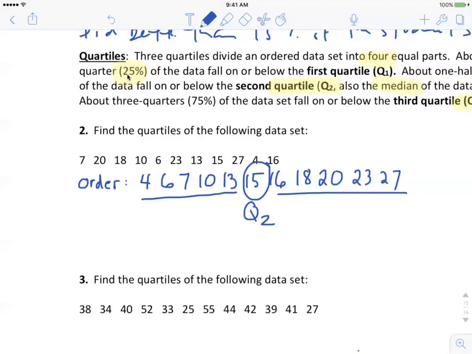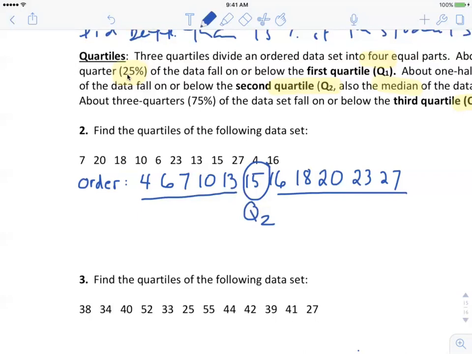Next, find Q1. Q1 is the median of the first half of the data. If you circle the median, don't use that number again when you're finding Q1 or Q3. For Q1, I'm just looking at those first 5 numbers: 4, 6, 7, 10, 13.